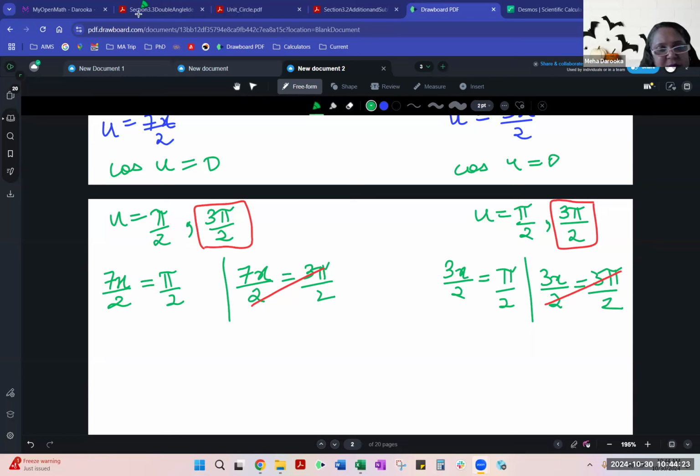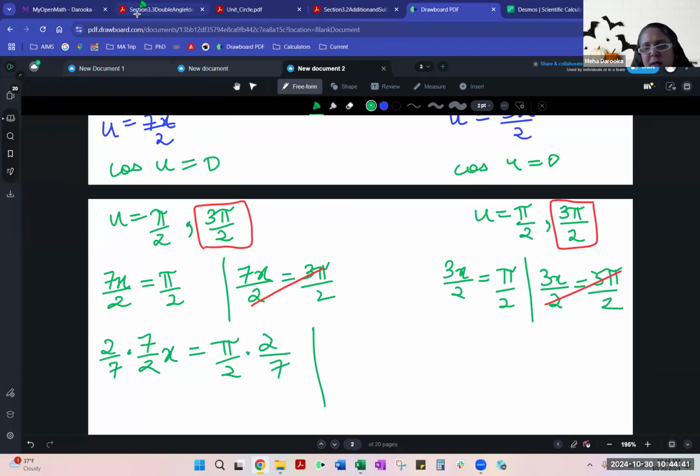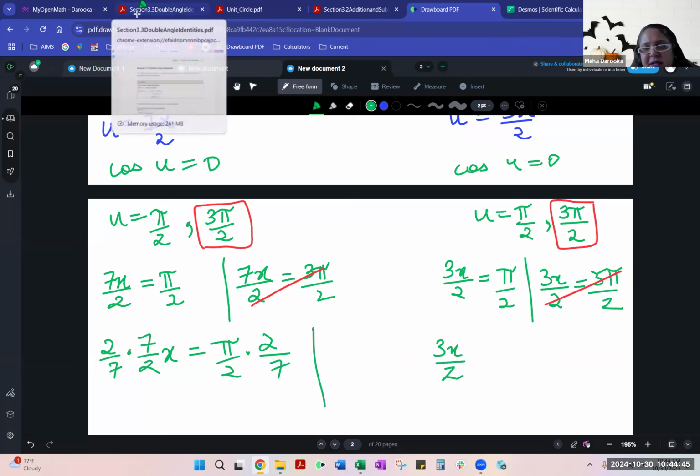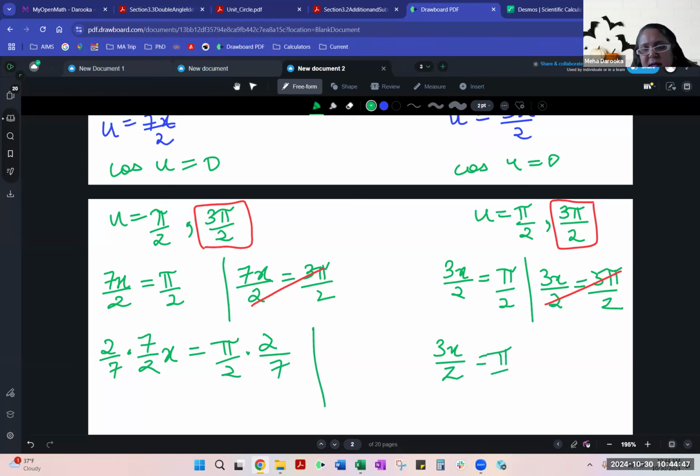All right, guys, let's go ahead and break this down. So we're trying to get x by itself, which means we need to get rid of the fraction 7/2. So you can invert that 7/2 and make it 2/7, right? And multiply that on both sides of your equation. Same thing on the other side for this function also, right?